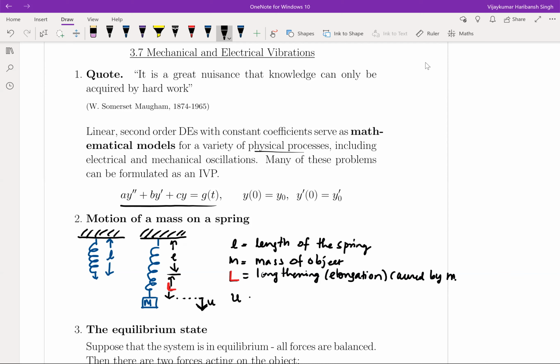So U be the displacement of the object past the equilibrium position.